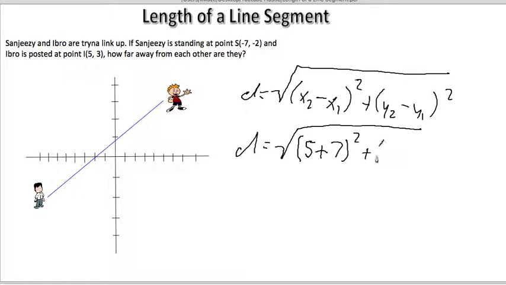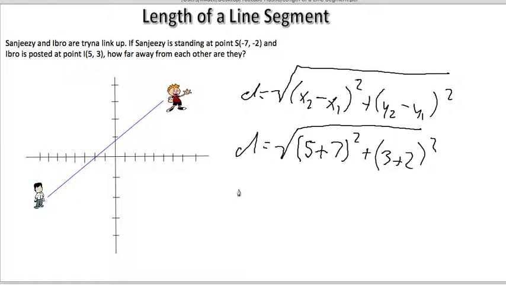Then, even though this happens to be the higher number this time, we have to use it anyway because we already picked point I as our second point. 5 is x2, so 3 is going to be our y2. So 3 plus 2, squared.